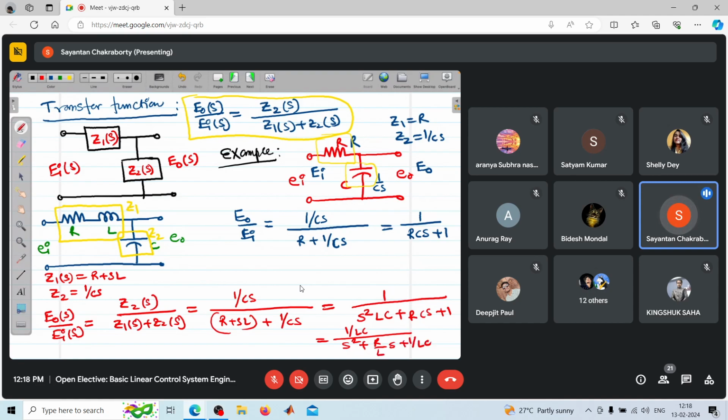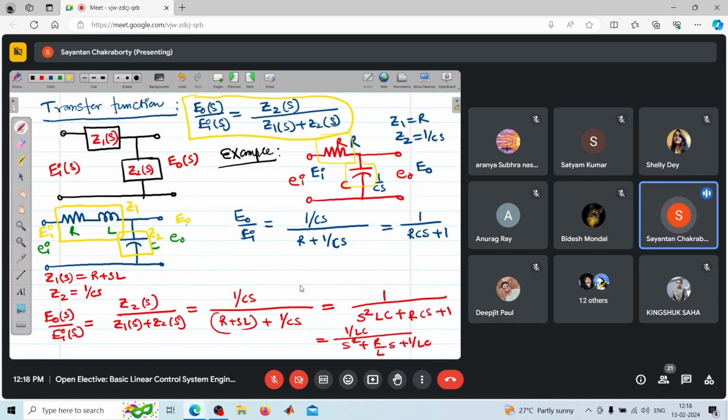See how easy it has become? Because what I have done, I have transformed this time domain circuit to its equivalent complex frequency or s domain circuit. And then by the simple rule explained here, I have calculated the corresponding transfer function.